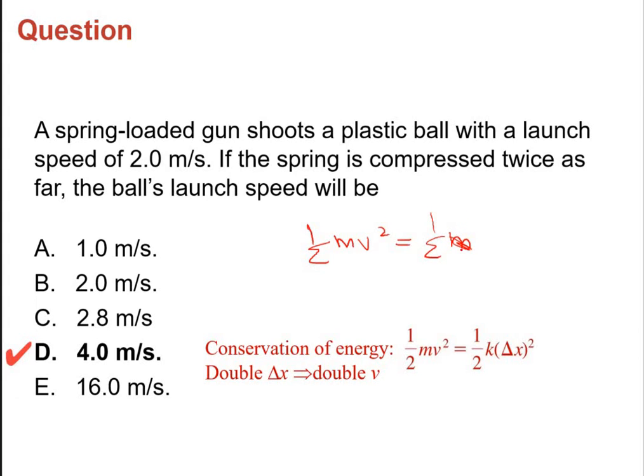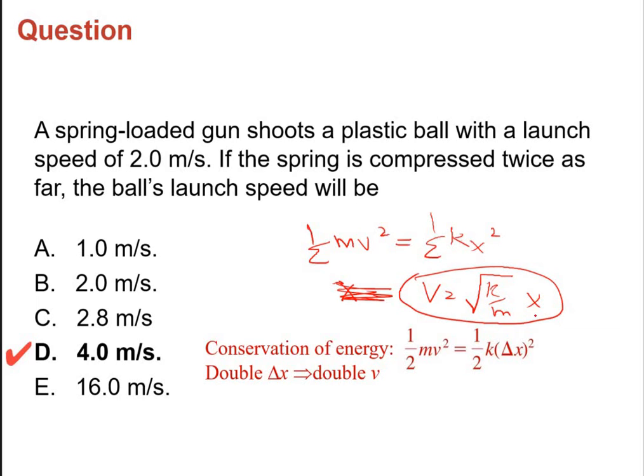If you simplify this equation, you get v equals square root k over m times x. So there's a linear relationship between v and x. If you double the compression, you double the velocity.